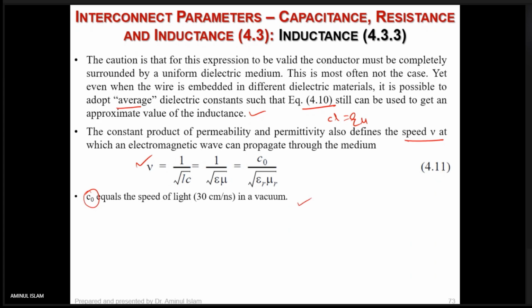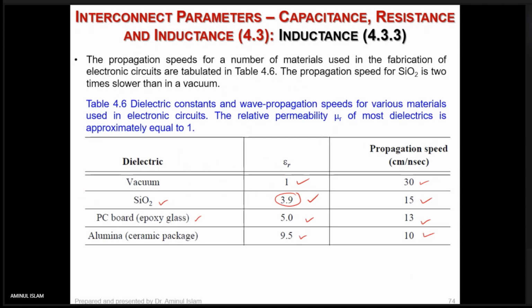So inductance as well as capacitance are important. The propagation speeds of certain materials are given here. Propagation speed in centimeter per nanosecond for vacuum is 30, whereas silicon dioxide is 15. Other materials like epoxy glass and alumina ceramic package are lower, 13 and 10 respectively.